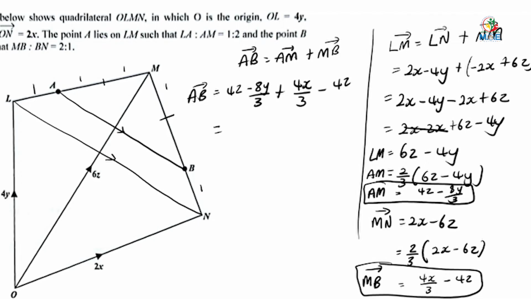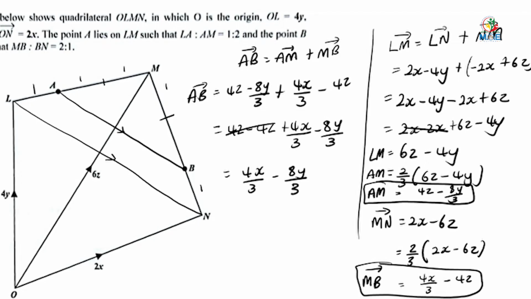We can put all the z's together. So this is 4z minus 4z, and then we have plus 4x over 3 minus 8y over 3. So this will become 0. So now we end up with 4x over 3 minus 8y over 3.